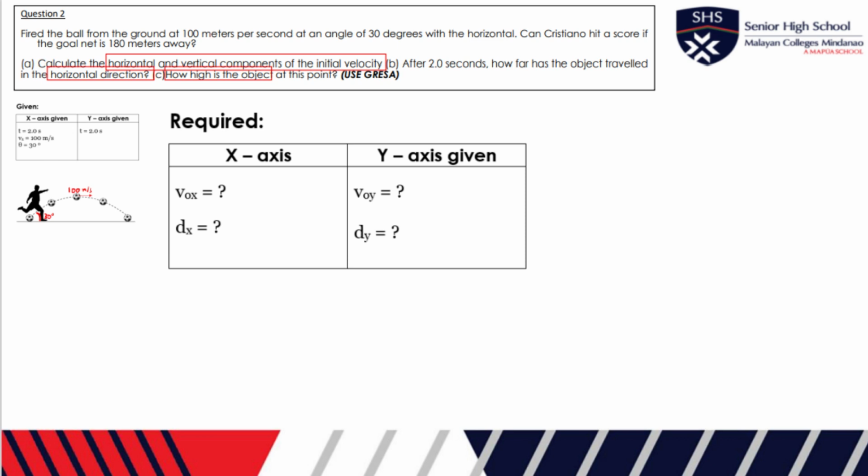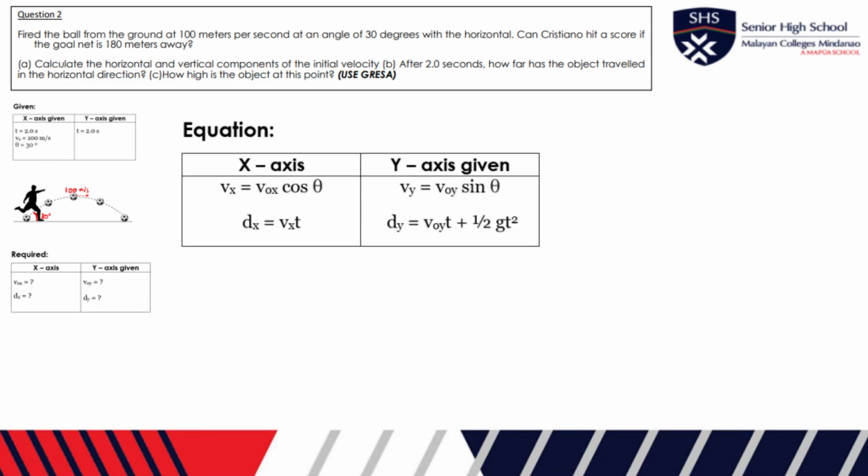All right, so now let us try to have the equation of it. We need to consider what are the equations that give us the variable on the given. So we have identified here that v sub x is equivalent to initial velocity v times cosine theta, which could help us as the angle and also the initial velocity are given.